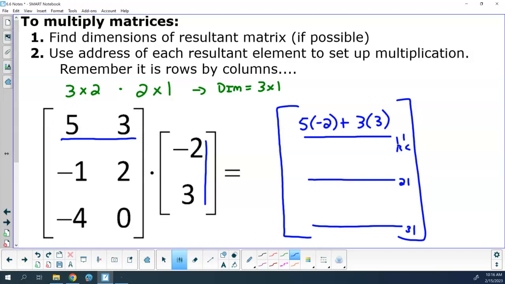Okay. This is row 2, column 1. So now you're going to take row 2 and multiply it by column 1. So that's going to be negative 1 times negative 2 plus 2 times 3.